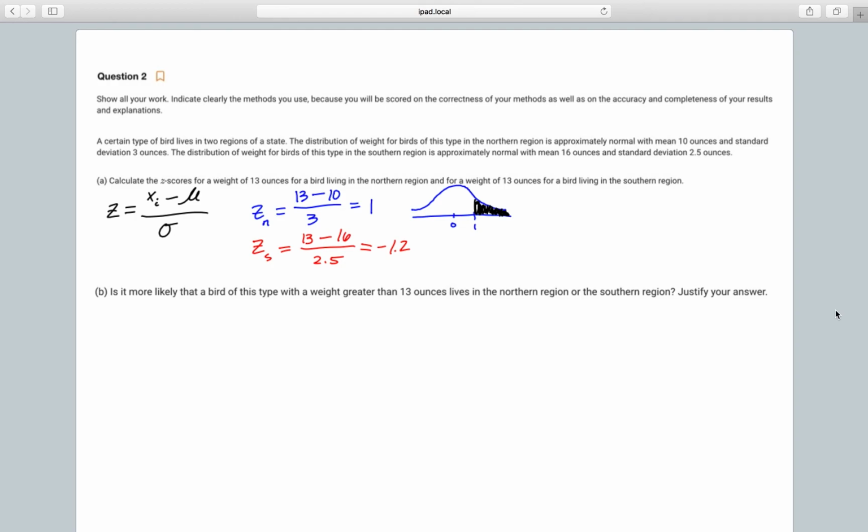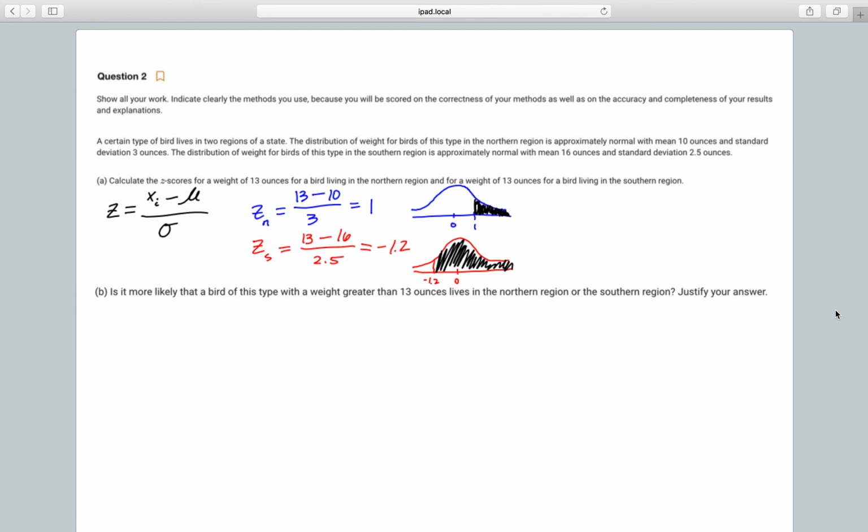But in the southern region, a bird with that weight had a z-score of negative 1.2. And so we can look at the area to the right of that. So there's more area to the right for the bird in the southern region, which means it's more probable.